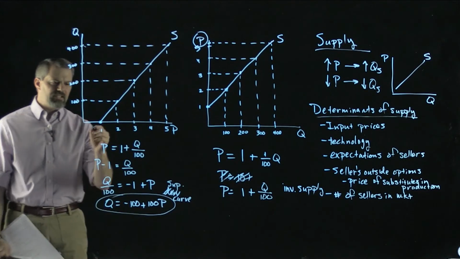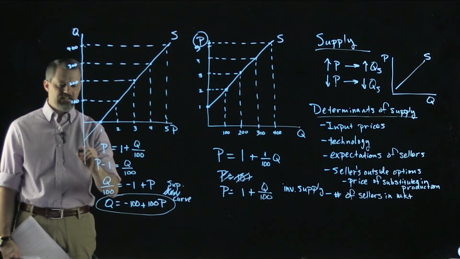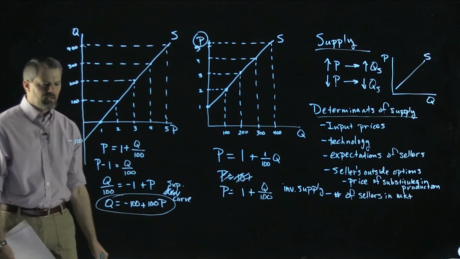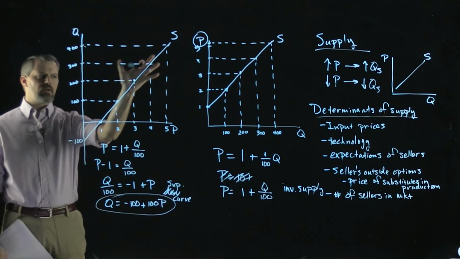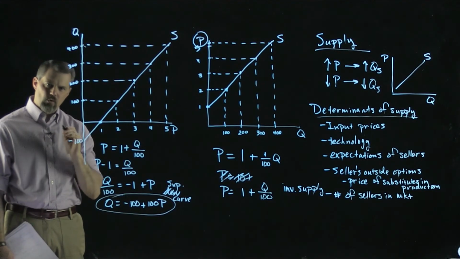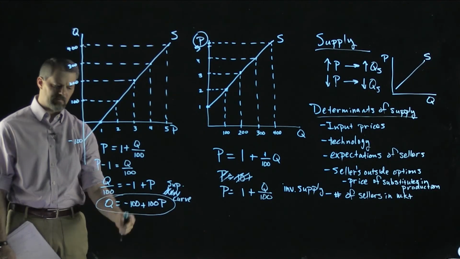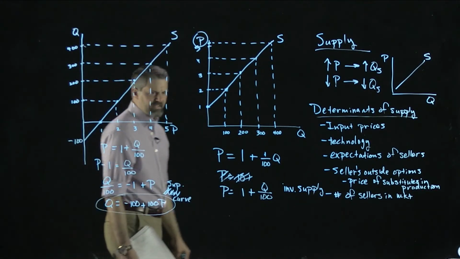But that's the vertical intercept, and you can see that this thing comes down here and hits at negative 100. We only pay attention to the part of the supply curve that's up here. But when you look at the functional form for the actual supply curve, it's typically going to have a negative intercept. Don't let that bother you.